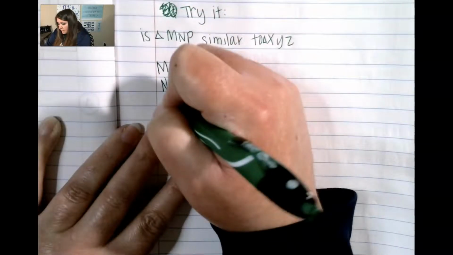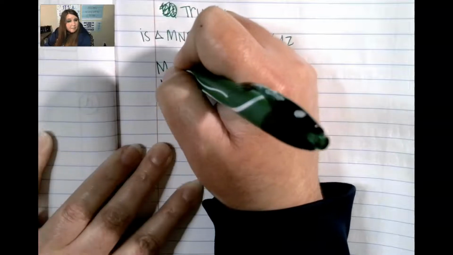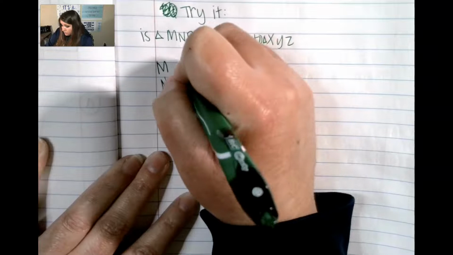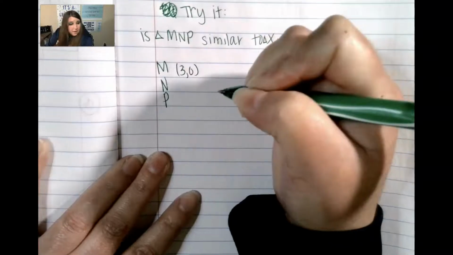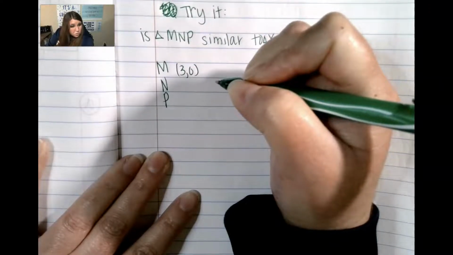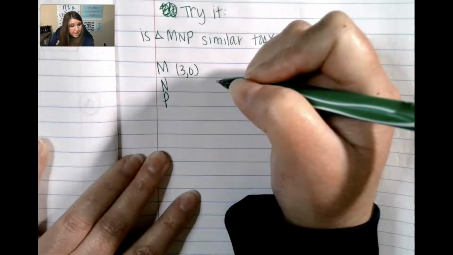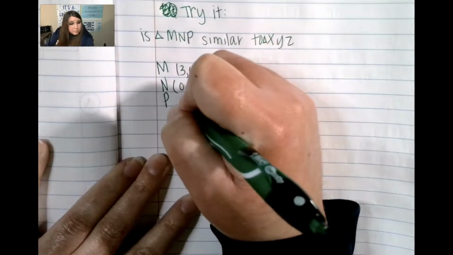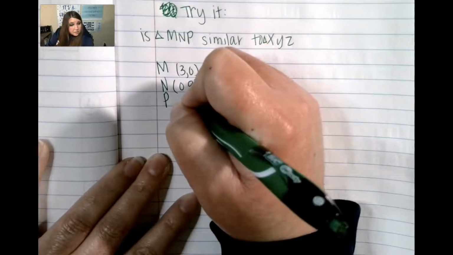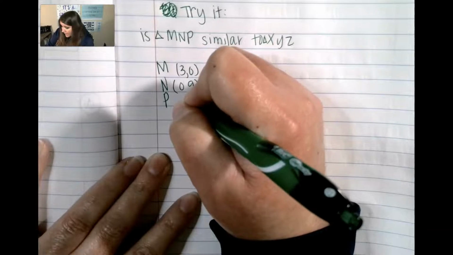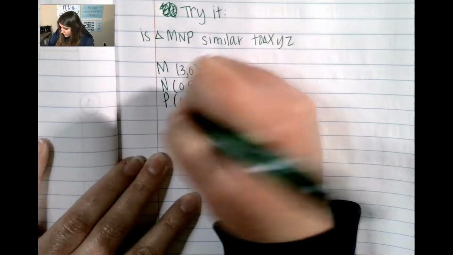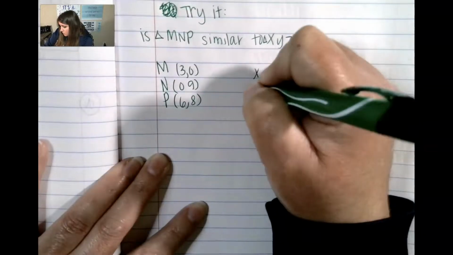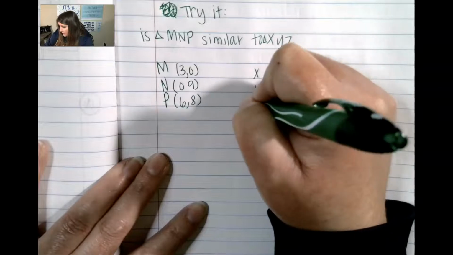Okay, so let's look at MNP. I'll give you those coordinates. M is at 3, 0. N is at 0, 9. And P is at 6, 8. And I want to know, is it similar to X, Y, and Z?